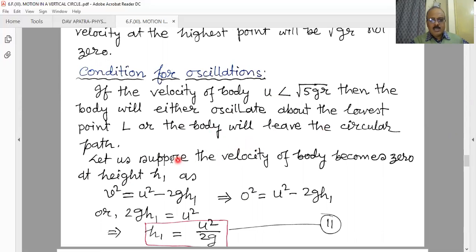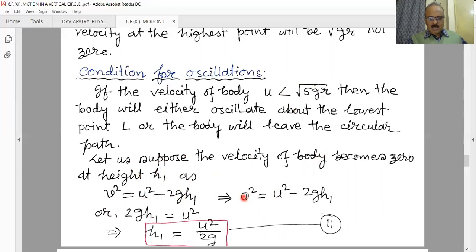Let us suppose the velocity of the body becomes 0 at a height h1. That means when u is less than root over 5gr, then when it moves upwards to a certain vertical height, let us suppose that is h1, the velocity will be 0 before reaching the point H. The v square is equal to u square minus 2gh1.